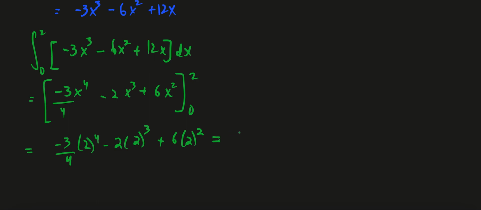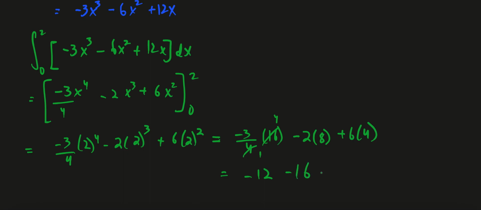So this is going to be, so I write this out, negative 3/4 times 16 minus 2 times 8 plus 6 times 4, minus 12 minus 16 plus 24. Some quick mental math. Minus 28 plus 24 is, drumroll, 4.